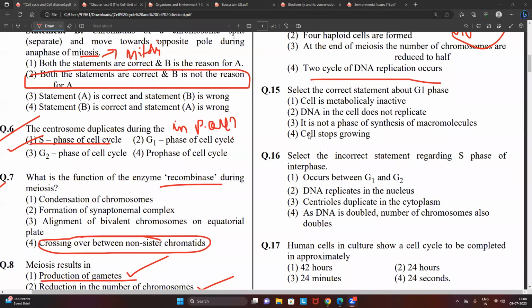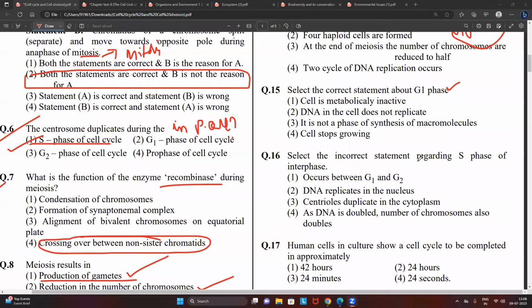Question number 15. Select the correct statement about G1 phase. Slowly, friends, slowly think it. I'm telling you, right? Slowly.